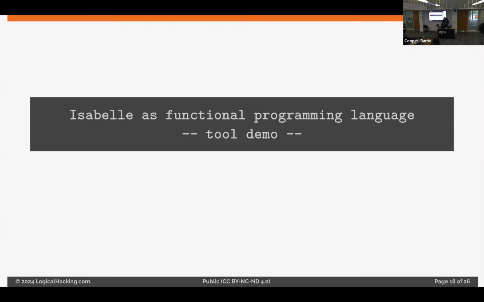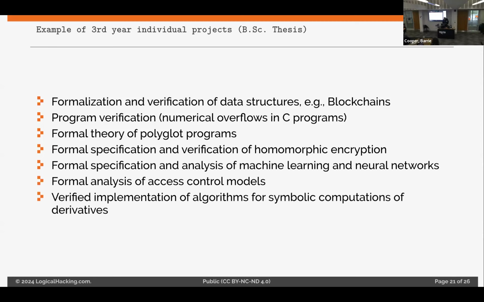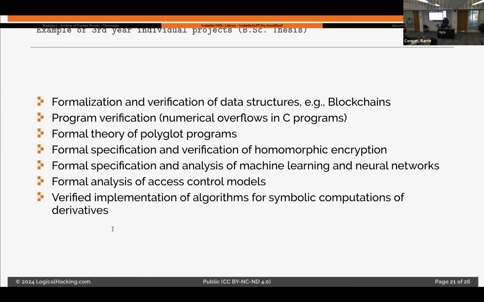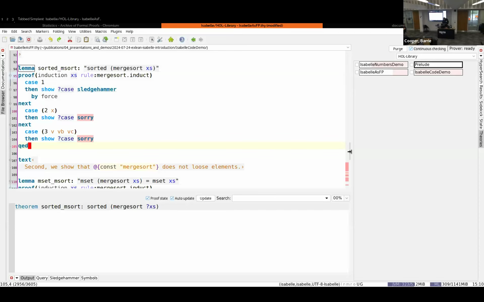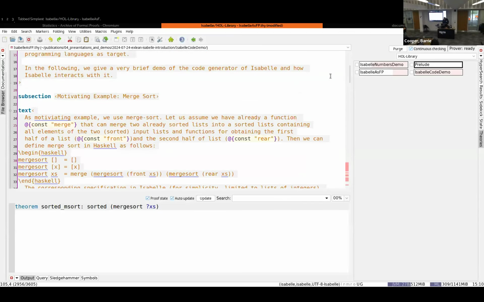And that's the demo. One thing that I want to quickly show with the demo. So you might have seen I had that Haskell statement in there. I have text here that also, for example, contains weird things like @{const merge}. That is being checked by Isabelle, that the constant merge actually exists.